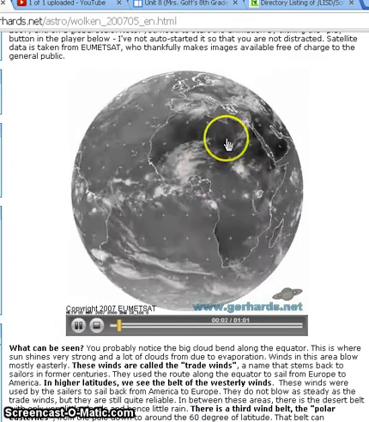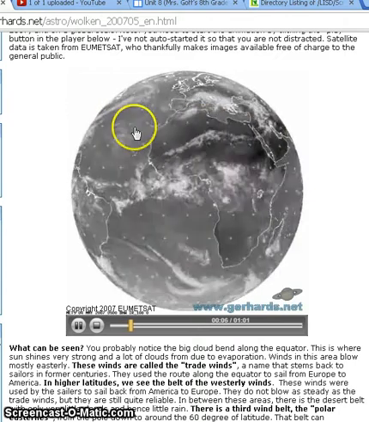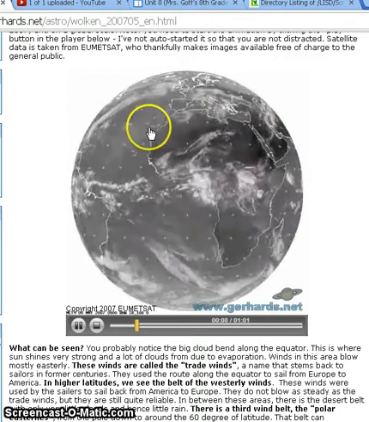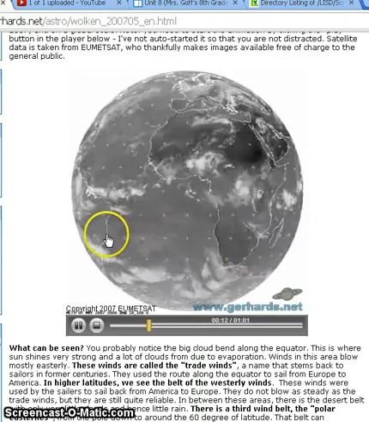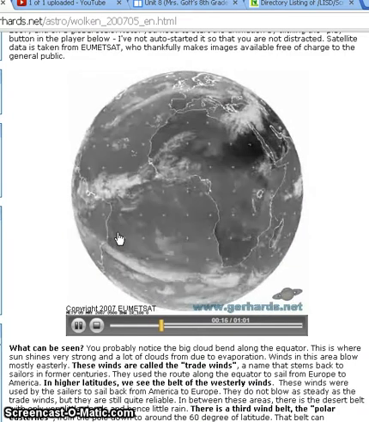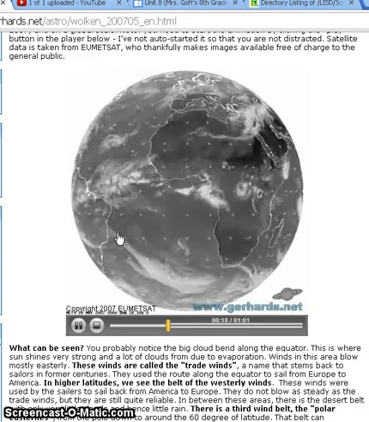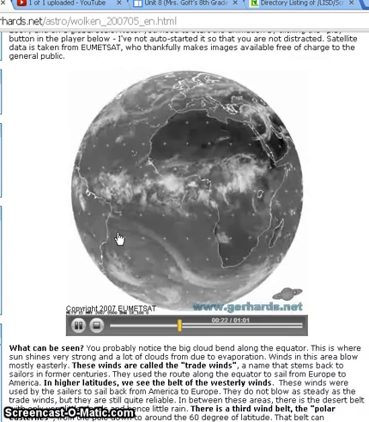Okay, but then if you look to the north, you get this area in here where you almost never have clouds. And you get another area similar to that down here where you almost never have much in the way of clouds.